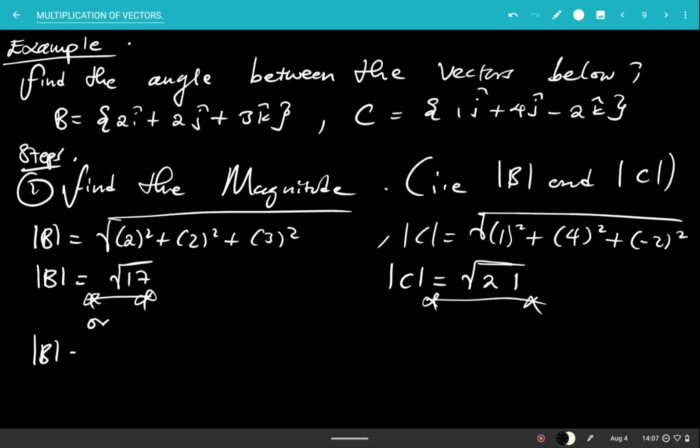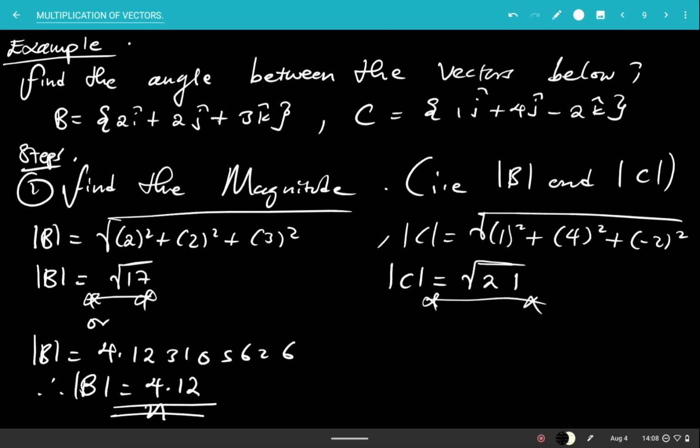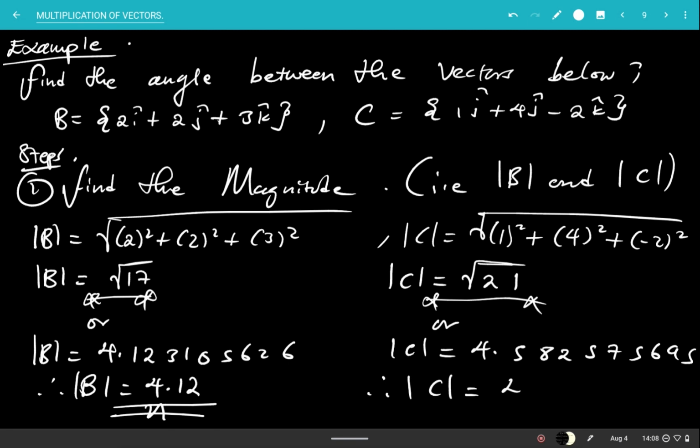The root of 17 is about 4.123105626, and if I round off to 2 decimal places, we have 4.12. We can do the same on the other side. The root of 21 is 4.5825755695. Therefore, the magnitude of C is 4.58, correct to 2 decimal places.